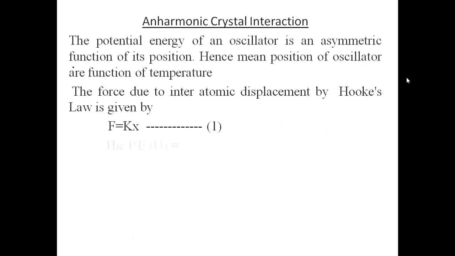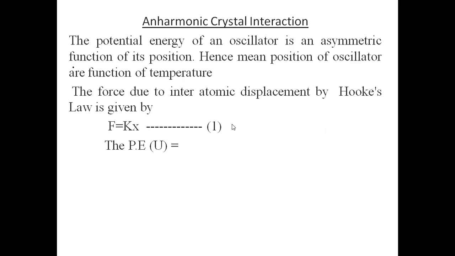So we will see Hooke's law. In the case of an anharmonic oscillator, the potential energy of the oscillator is an asymmetric function of its position. According to Hooke's law, F is equal to minus Kx, where K is the proportionality constant and x is the displacement.